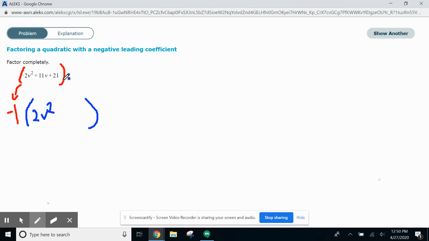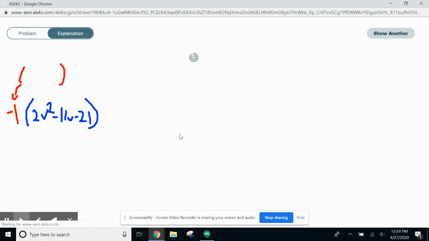I'm going to divide all these by negative 1, which changes their sign. So instead of positive 11v, now I'm going to have negative 11v. Instead of positive 21, now I'll have negative 21. And so now I can factor this just the same way as we've been factoring all these other problems in this video. And then eventually I'll have a negative in front of 2 factors.